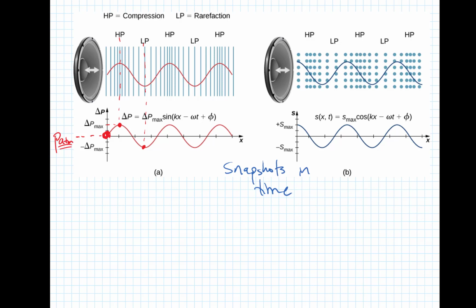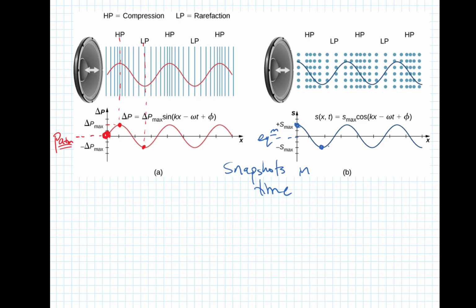And similarly, for the displacement, we see here we start at time equals 0 at an amplitude that's maximum, and it's positive, so that's sort of similar to simple harmonic motion. Or like a spring, you've pushed it out of its equilibrium, where the equilibrium is in the S equals 0 position here, and then it starts to oscillate back and forth and go through equilibrium and back to negative amplitude as it tries to restore backwards, and this continues as the wave travels.